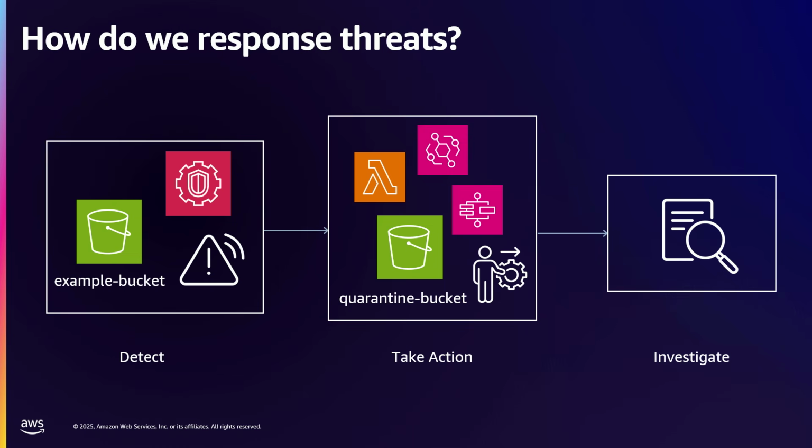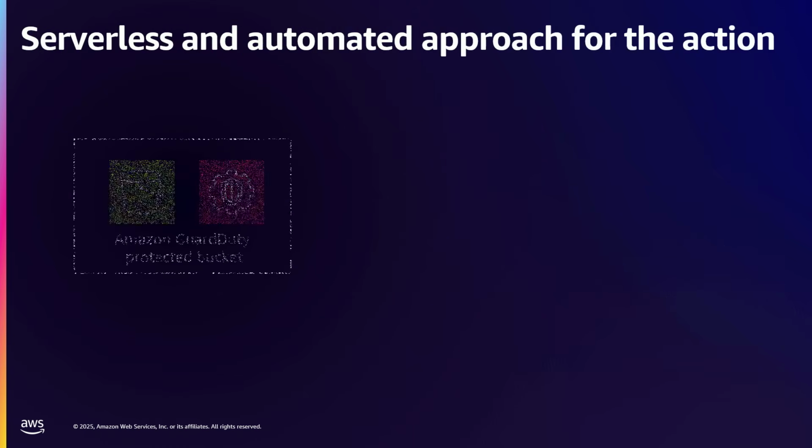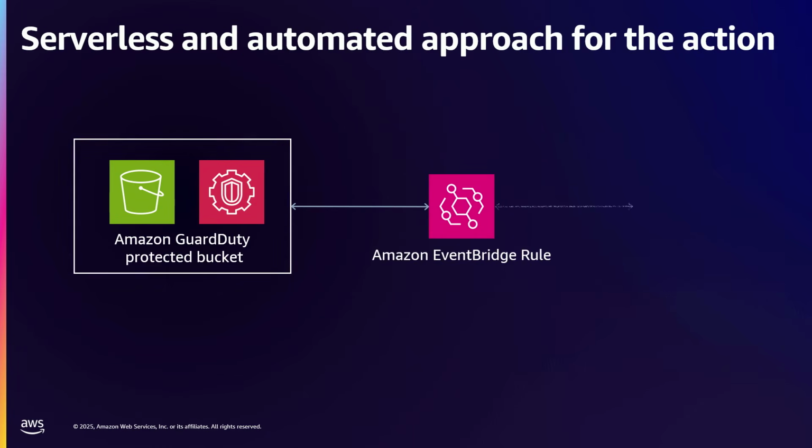So I have created a serverless and automated solution that you can use for action and investigation. I want to summarize the steps for you. First of all, I enabled the GuardDuty protection option for my S3 buckets.